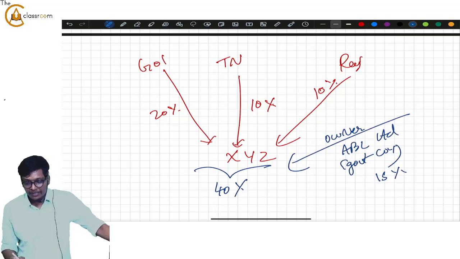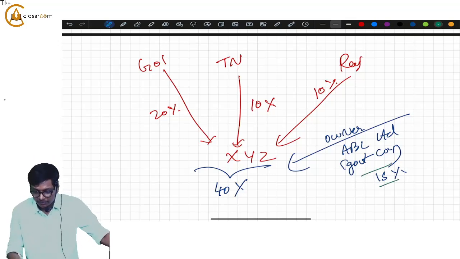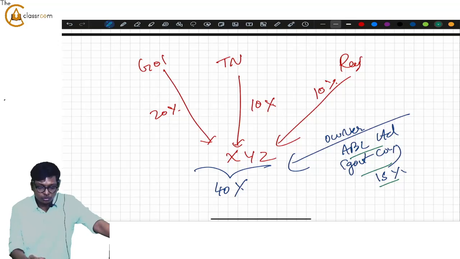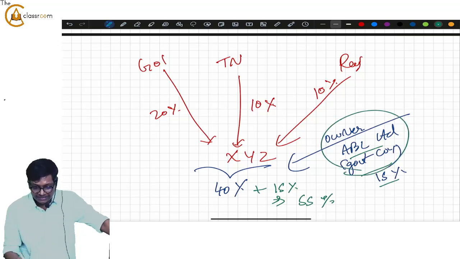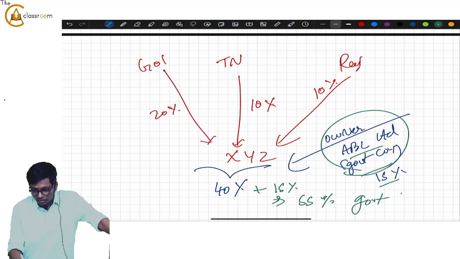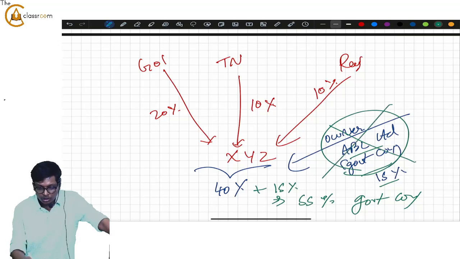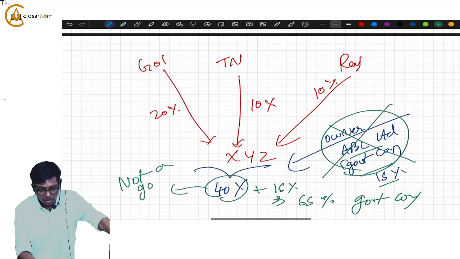If I count that 15% of the government company also, it will be 40 plus 15%, which is 55%. So if you count this, it becomes a government company. If I don't count this, the number is 40, it is not a government company.